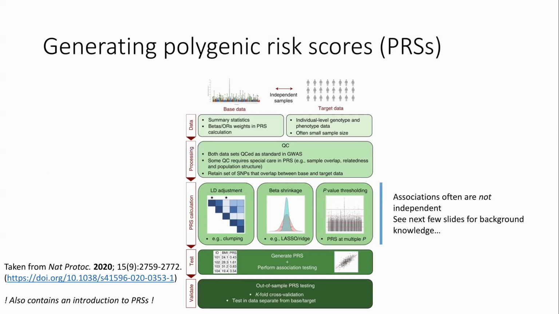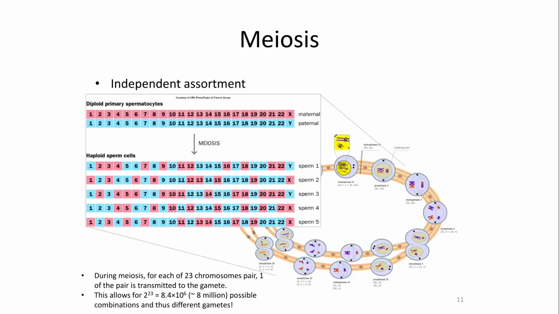Now remember that the variants in our genomes are correlated with each other. So that's exactly what we take advantage of with the imputation I just told you about. And the reason that associations are often not independent is shown in this slide. So it really comes from the meiosis cell division to generate germ cells.